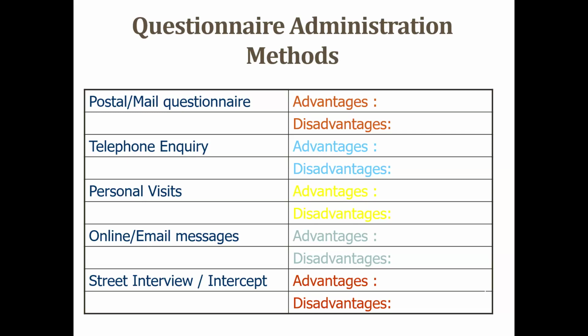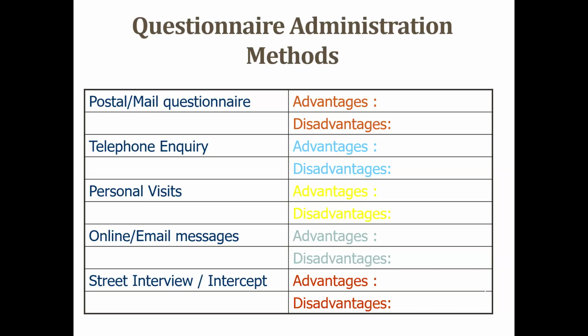Nowadays, online and email approaches have also been included. Instead of the usual postal, you can send questionnaires by email. Again, what it means is that you must have the email addresses of your intended respondents so that you can mail it to them.